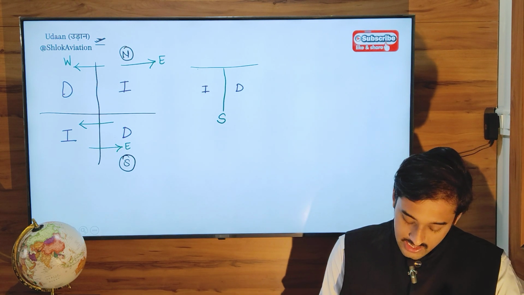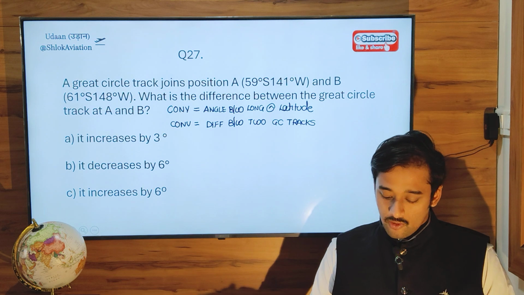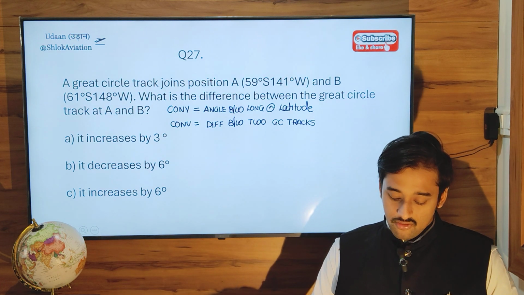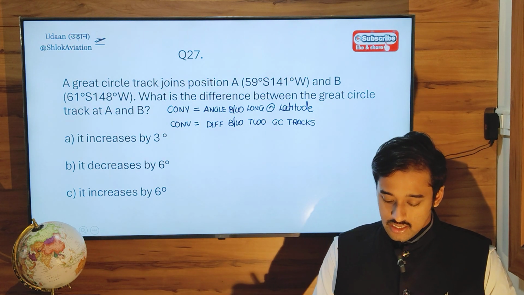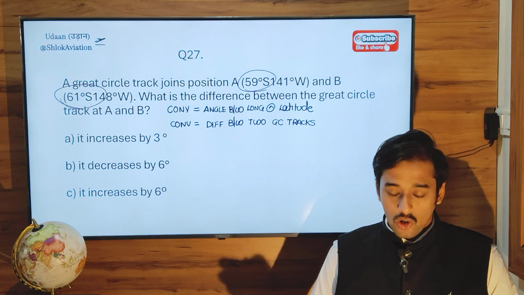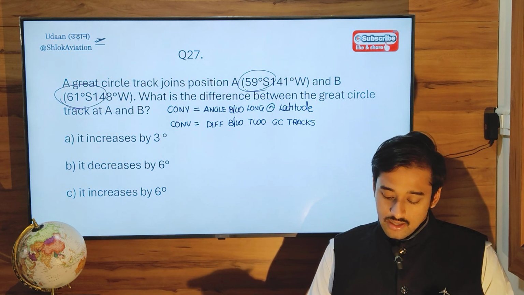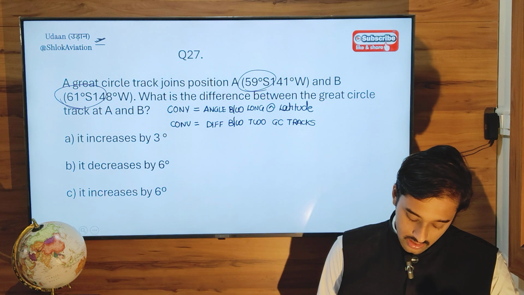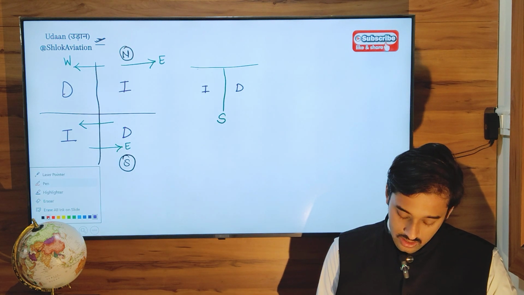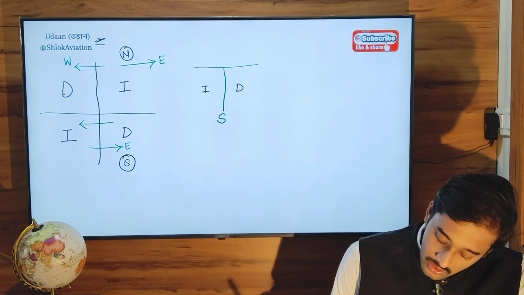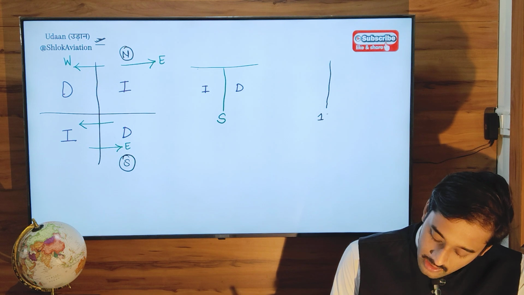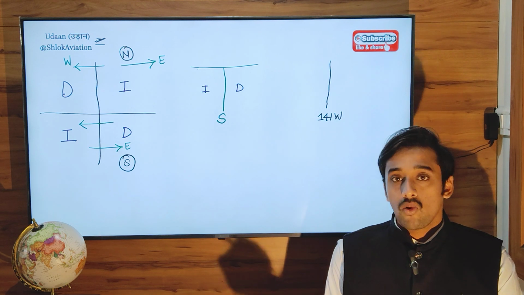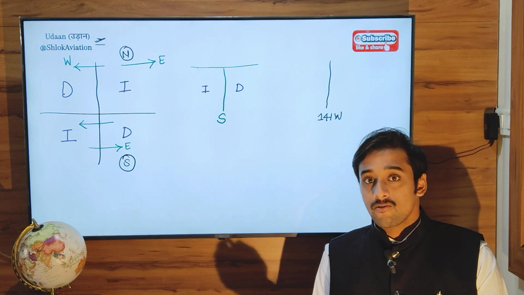And then the points given to you are 141 west and 148 west, approximately the same latitudes. So you're going from 141 to 148. On the earth, 141 west longitude will be somewhere here, let's say. So 148 longitude will be to the west of it.